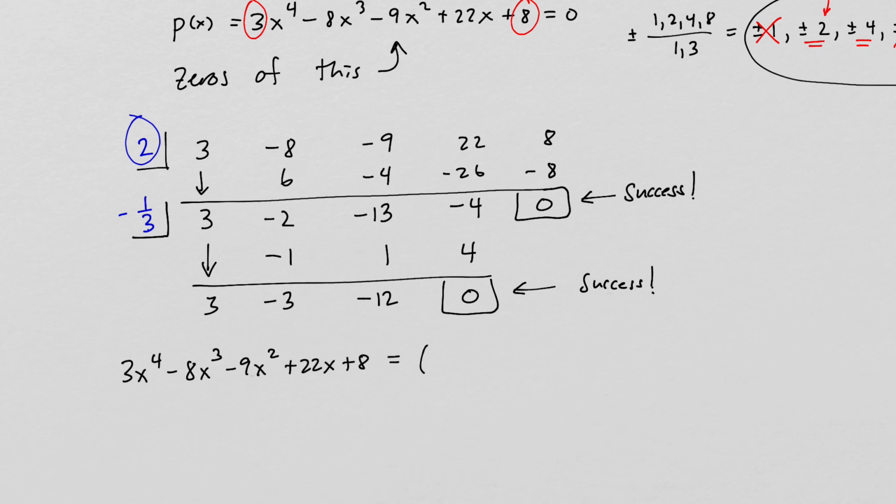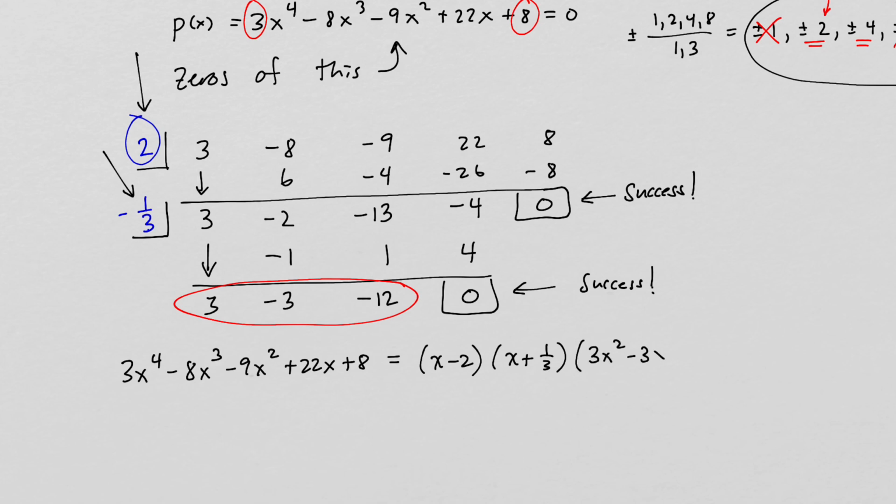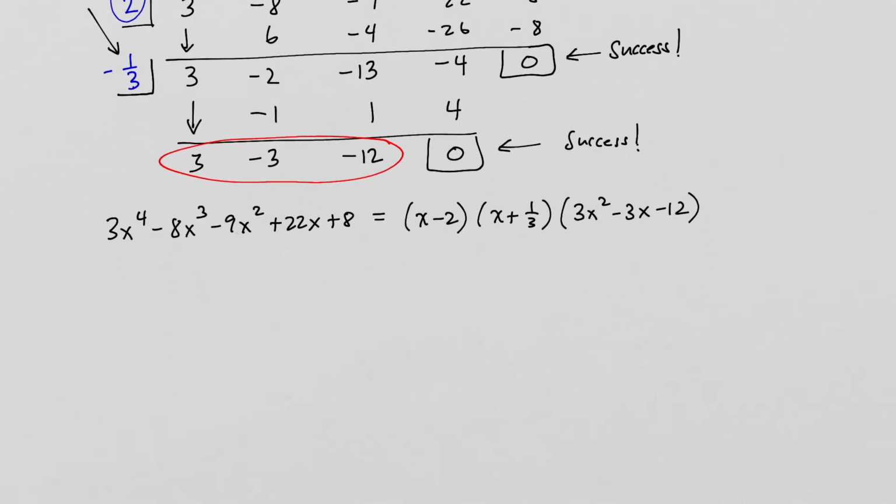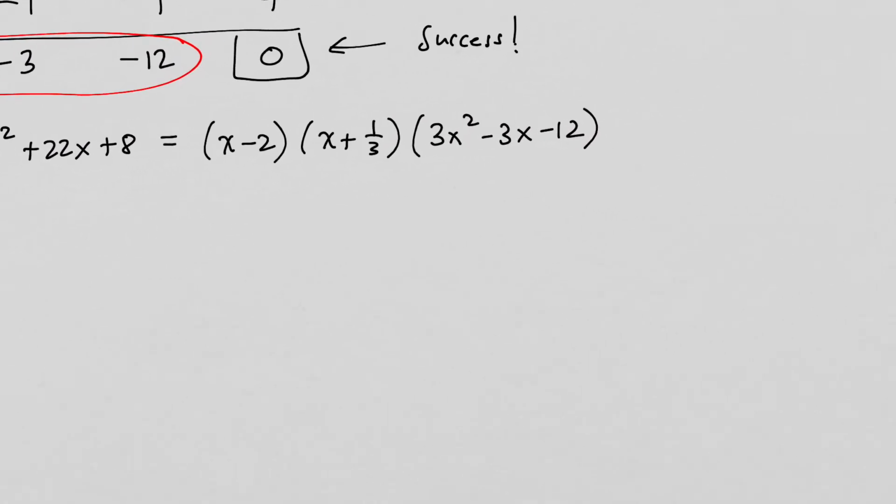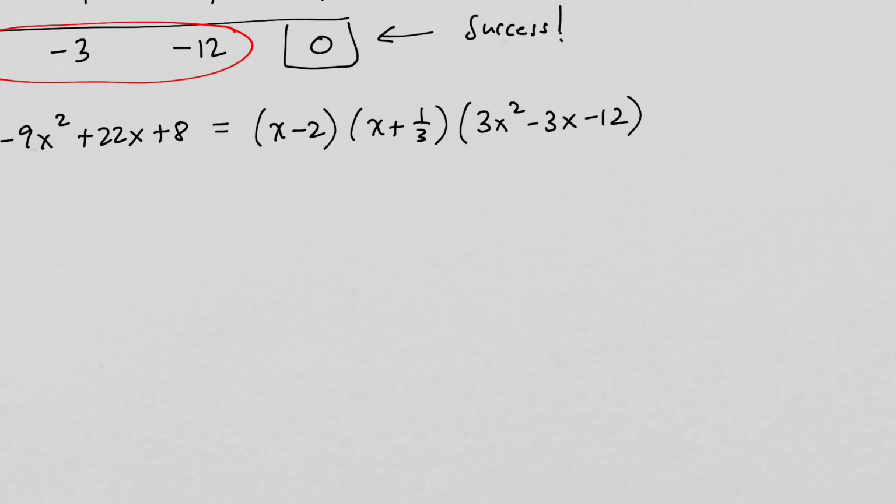We now know, since 2 was a 0, x minus 2 is a factor, and since negative 1/3 is a 0, x plus 1/3 is a factor, and the remaining factor comes from this here, and that is representing 3x squared minus 3x minus 12. Once I get it down to a quadratic that is remaining, that is a second degree, I don't have to use synthetic division anymore. I can use normal factoring techniques.